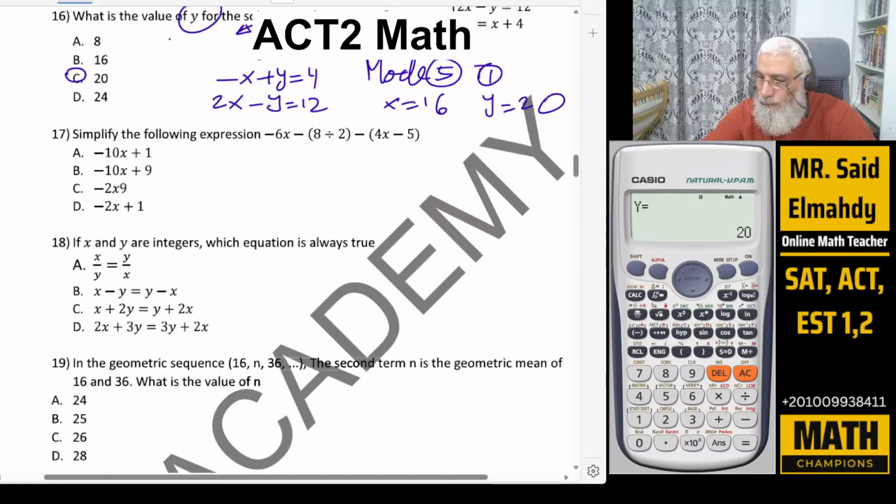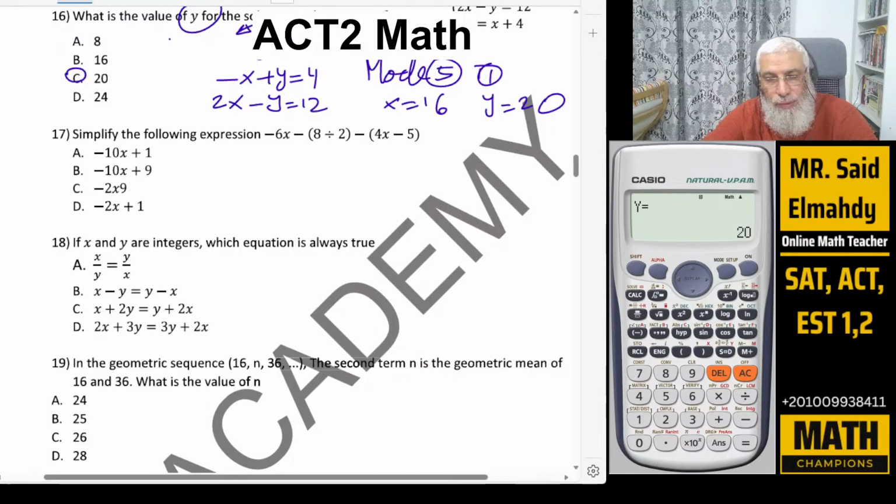Question number 17. Simplify the following expression.